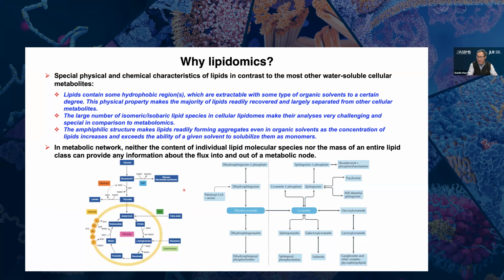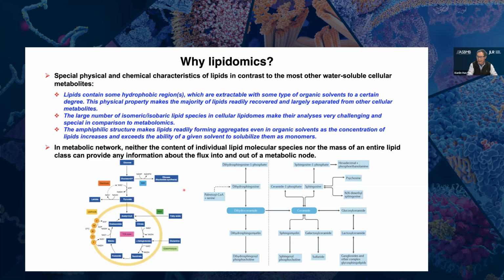Lipids are totally different. One node, like the sphingolipid network shown here, could involve thousands of species. More complicated, multiple enzymes are usually involved in one pathway. For glycerophospholipids, within the class or category of lipids, they are remodeling.